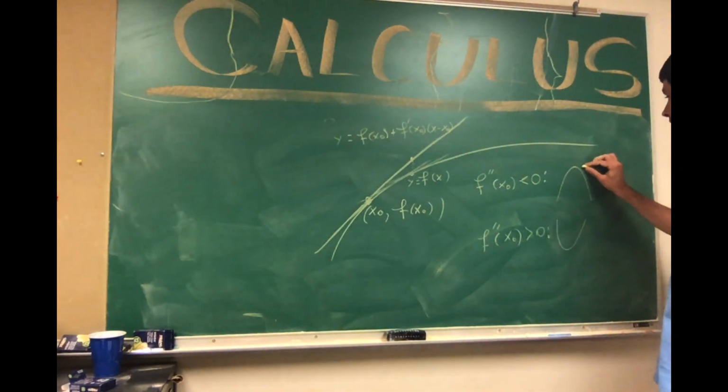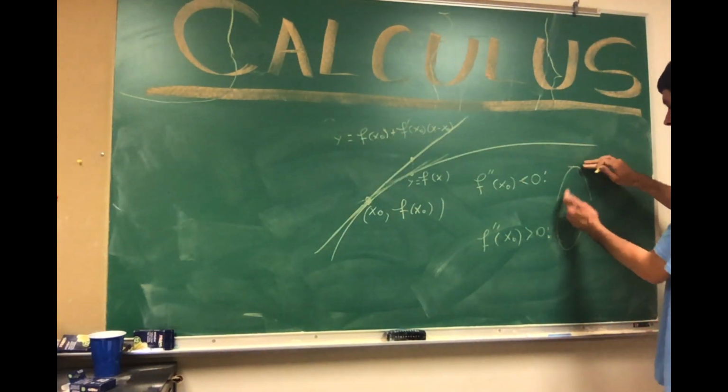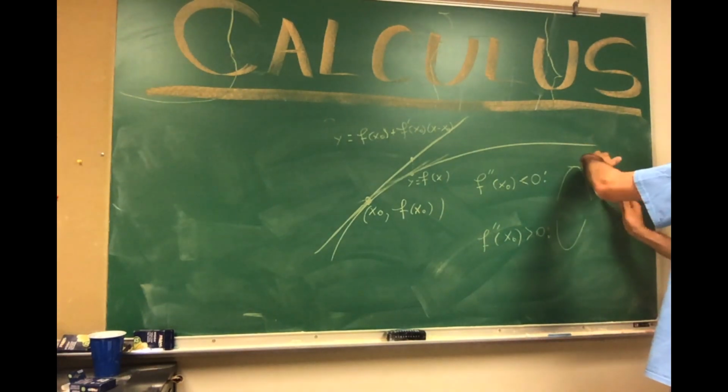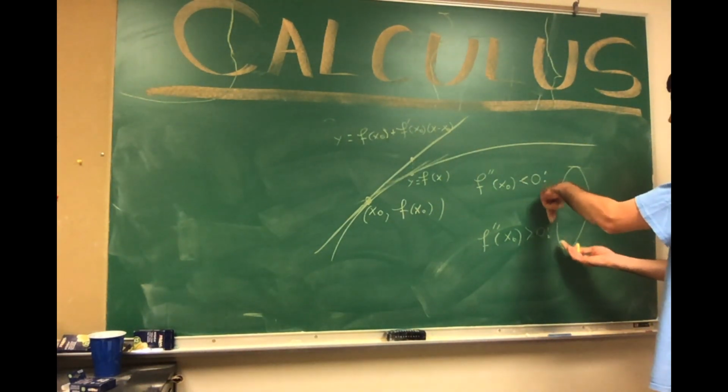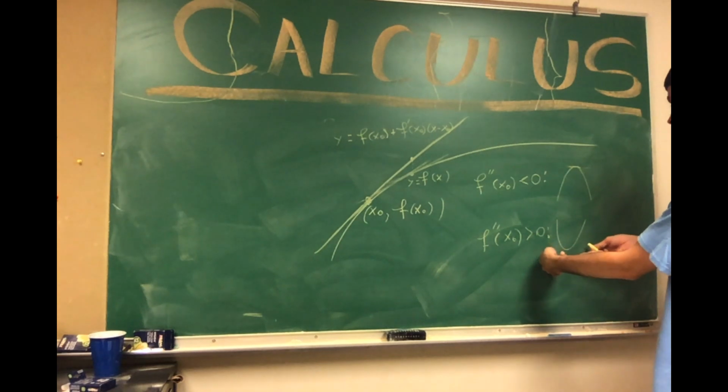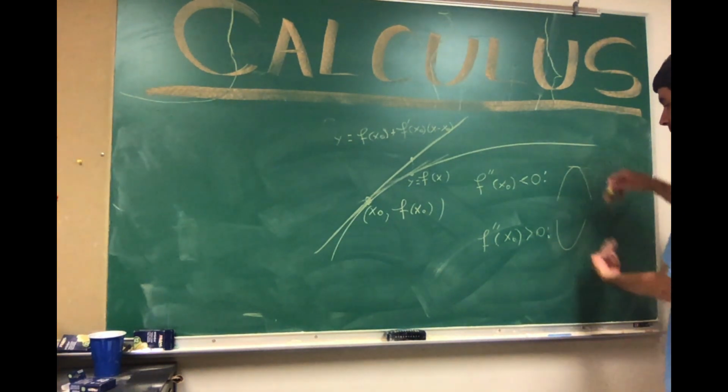And then you can see here, of course, anywhere you go on this curve, the slope is decreasing. Here it's positive and decreasing, then 0 and decreasing, then negative and decreasing, and here likewise it's negative and increasing, 0 and increasing, and then positive and increasing. The slope's always increasing.